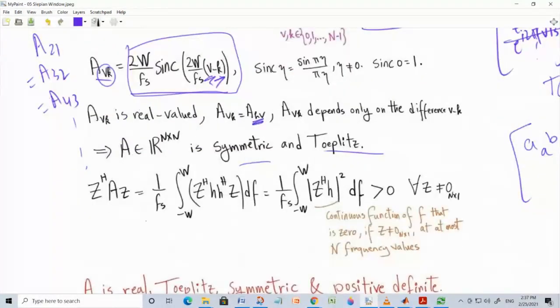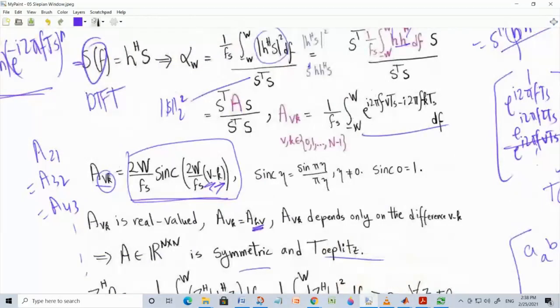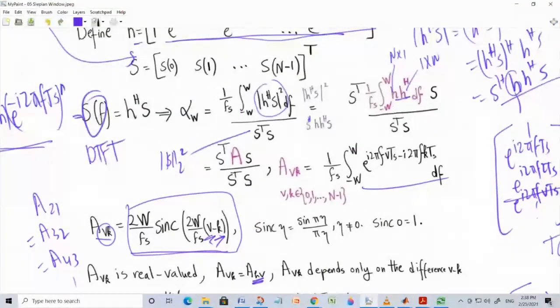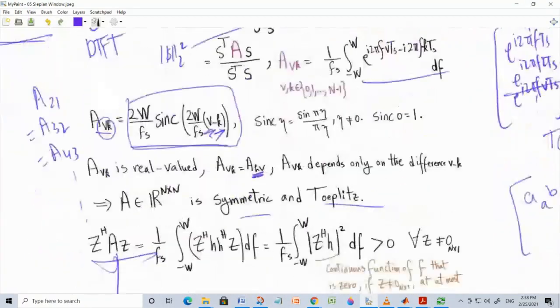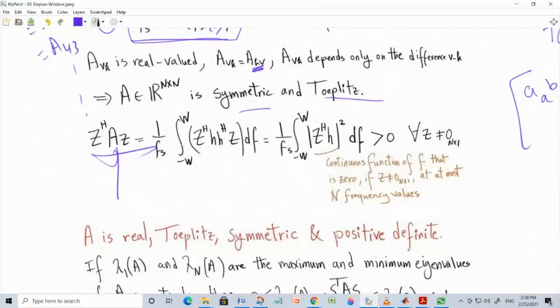And then finally, if you check the definiteness of the matrix, you can take the matrix, involve it in a quadratic form with Z Hermitian and Z, and it's better actually to go to this form for the matrix and multiply from both sides by an arbitrary vector Z in the n-dimensional space, and you compose the quadratic form.